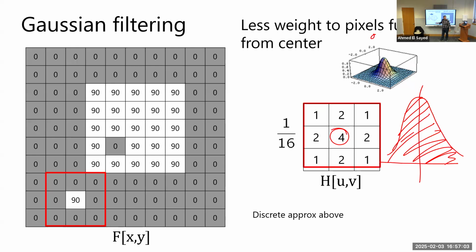What is the equation of the normal distribution? One over square root of 2 pi sigma, e power minus x minus mu all squared over sigma.